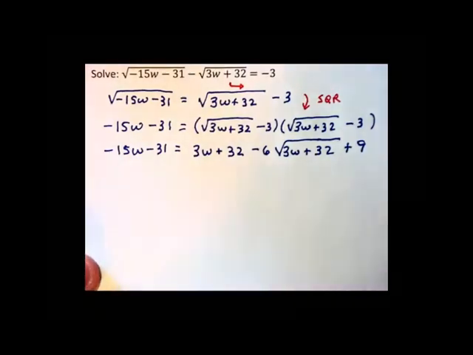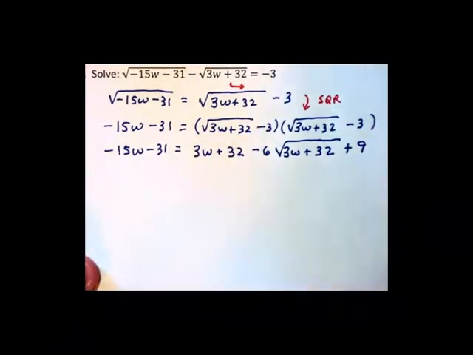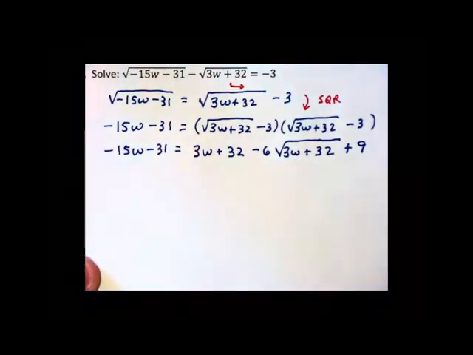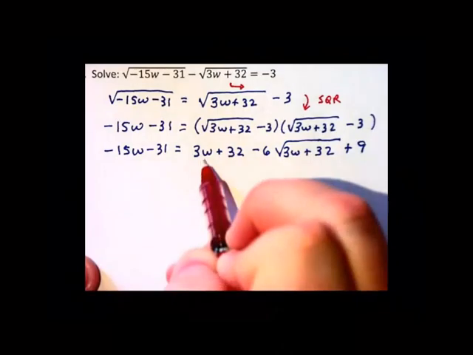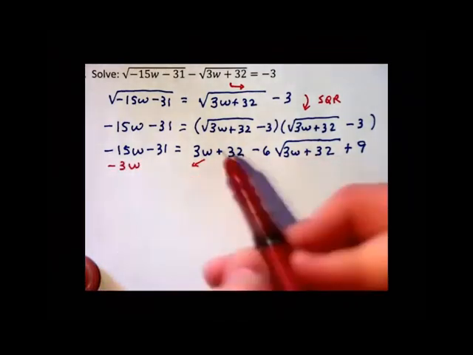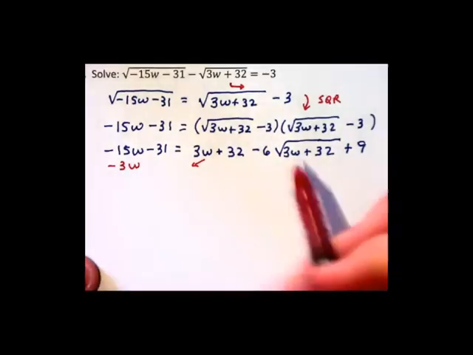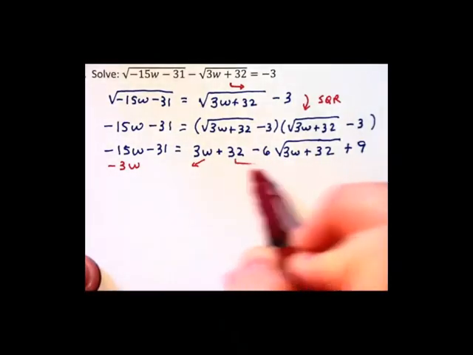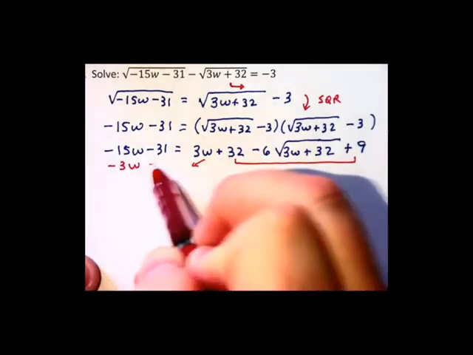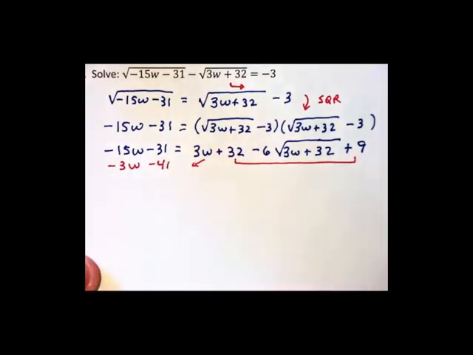Okay, so now what we have is a radical still in the problem. We need to do some cleanup. So I'm going to subtract off that 3w on both sides, and I'm going to save myself a line of work. The 32 and the 9 combine to make 41, and I'm going to subtract 41 on both sides also.